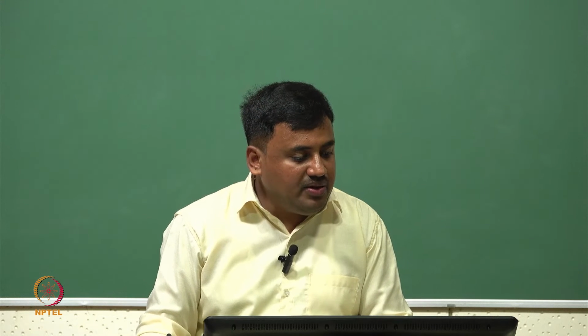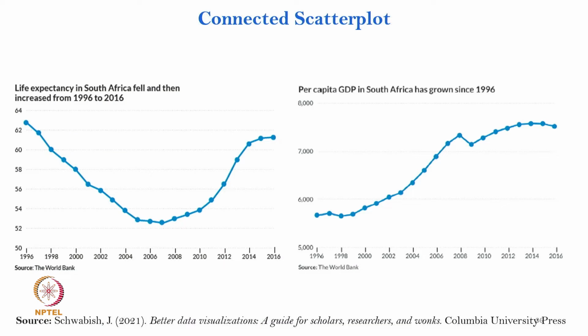You can see the example given here: life expectancy in South Africa from 1996 to 2016, where the dots are connected to show how life expectancy changed over the period. Another example is per capita GDP in South Africa, with a connected plot over the period to look at GDP growth.